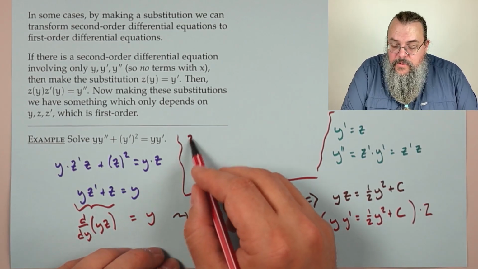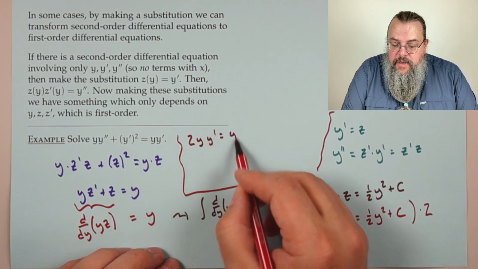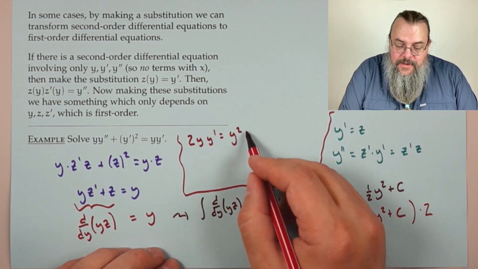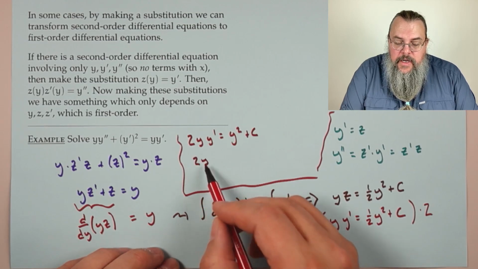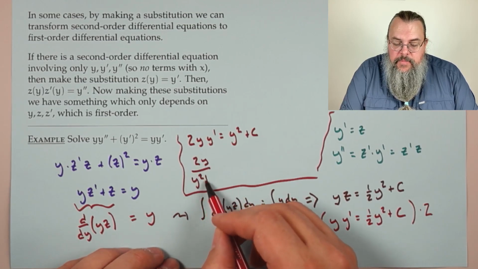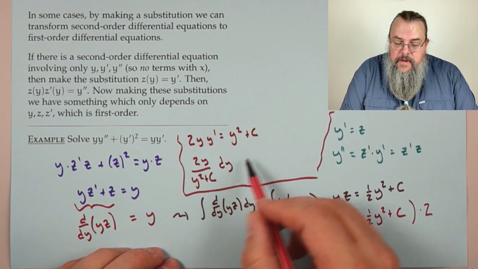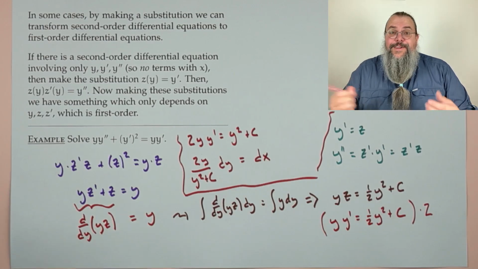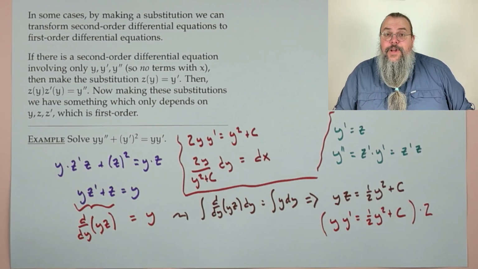So we have 2y y prime is equal to y squared plus c, and I'm going to have the constant absorb the 2. I divide. y prime is dy over dx, so we get 2y over y squared plus c dy equals dx. Okay, that's our separation. And we say, oh, okay, well, great.